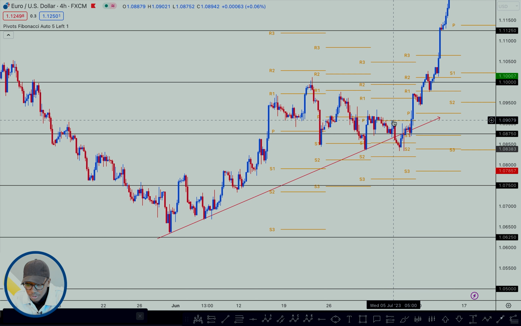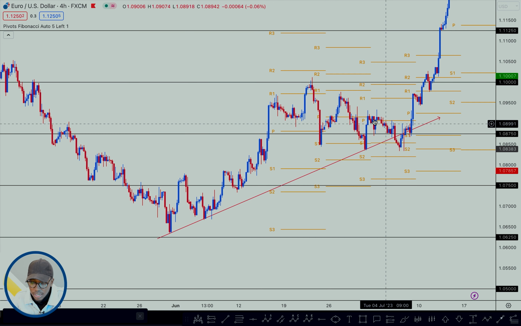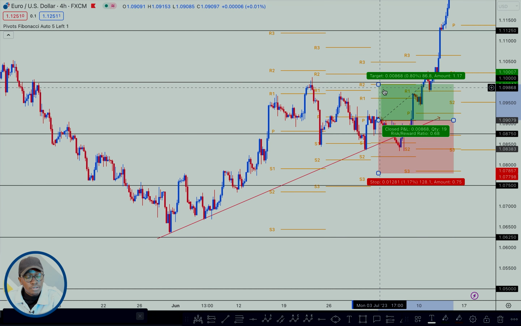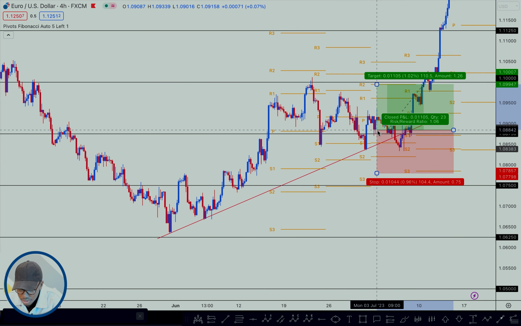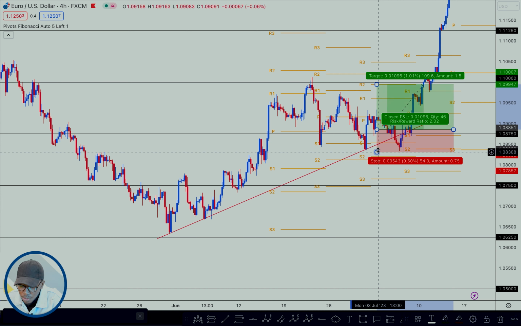So the moment markets came and touched P, and it was close to the trend line, this is where I took my trade. I took my trade here. My take profit being at 2, and actually it took below here. It was somewhere here, just below P, and then my stop loss was a bit lower than the previous market.